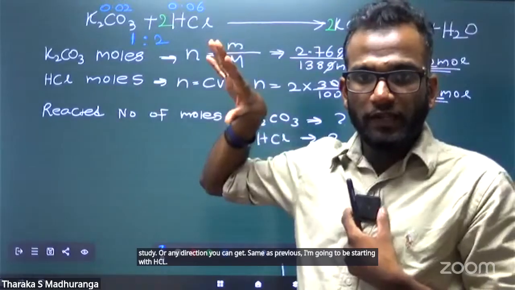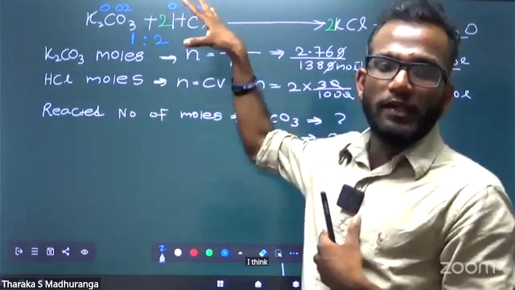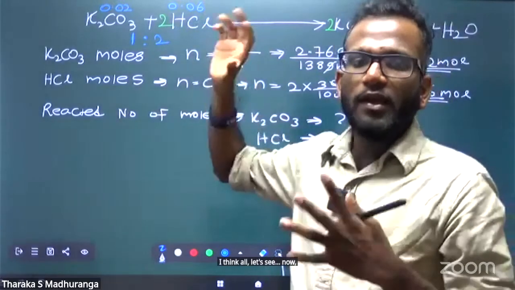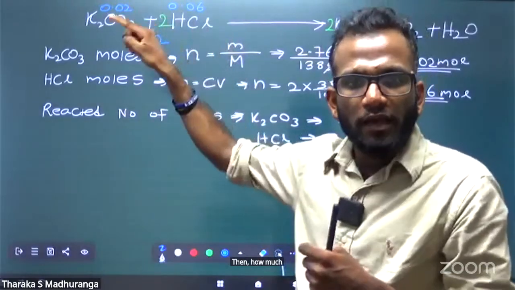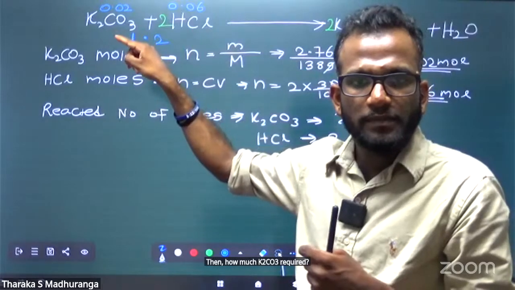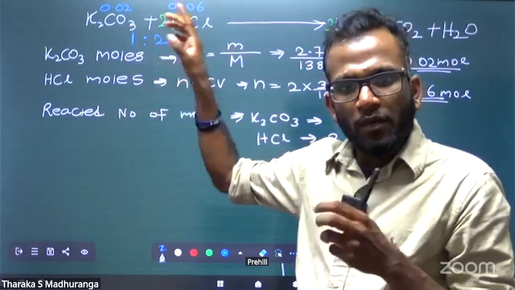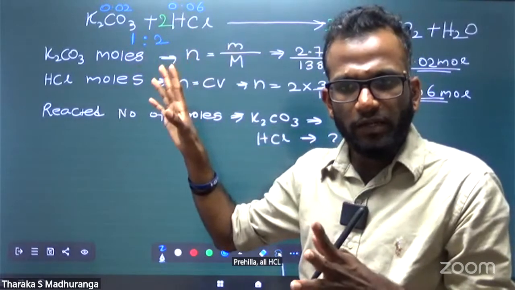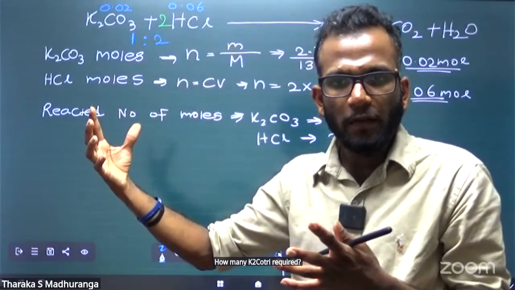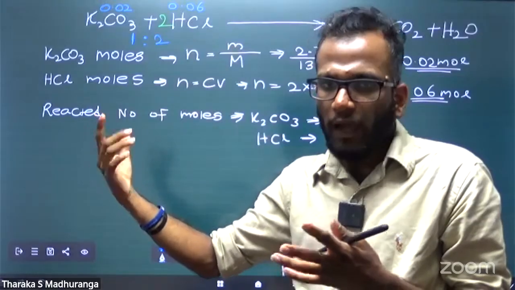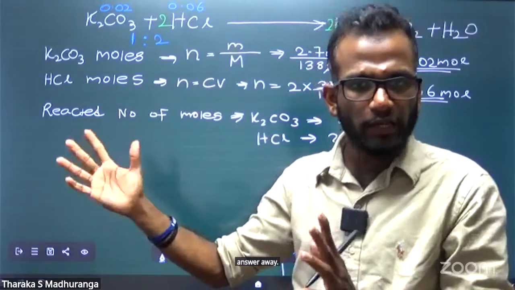From beginning, I think all HCl is reacted. Then how much K2CO3 required? All HCl react when how many K2CO3 required? Answer all. Then you can get the full idea.